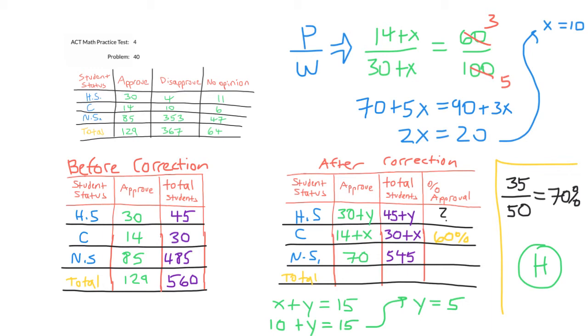That way I could understand what the percentages are pointing to, because they gave us 60% of college students approving. Obviously, that's going to be 60% of the total amount of college students. Anyway, I think you get the idea. The answer is H. That's how you do problem number 40.